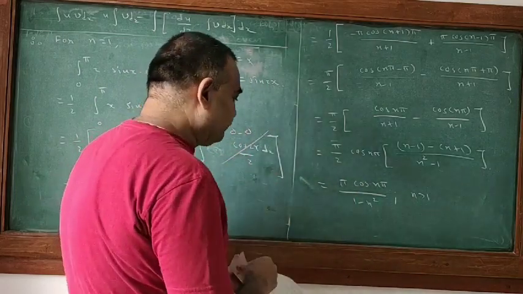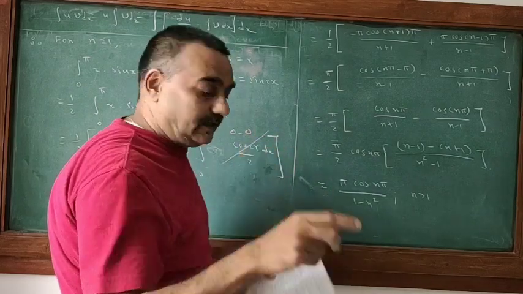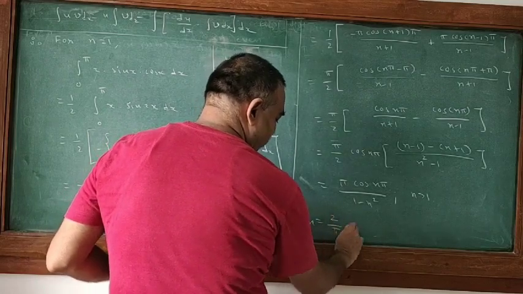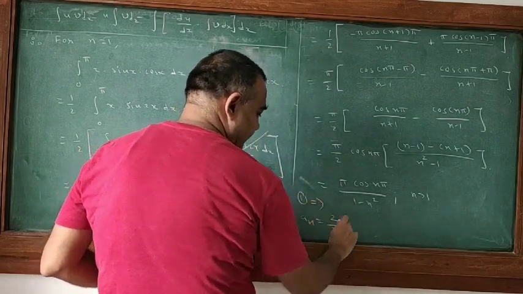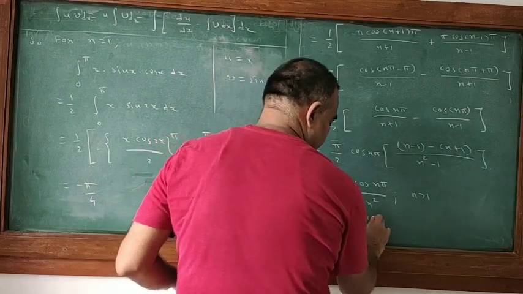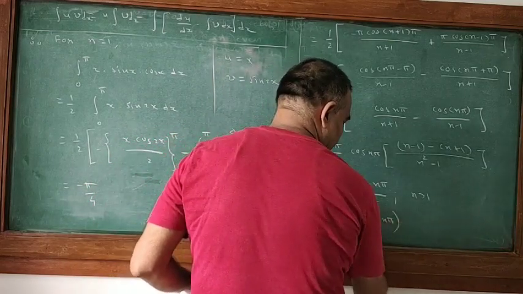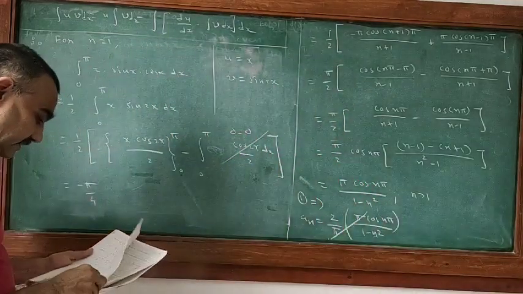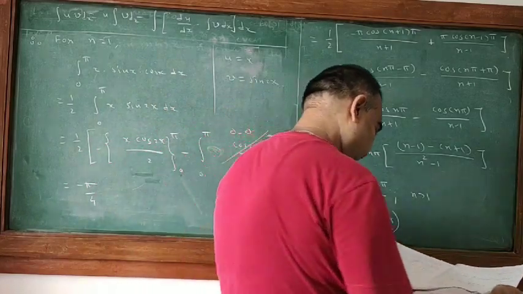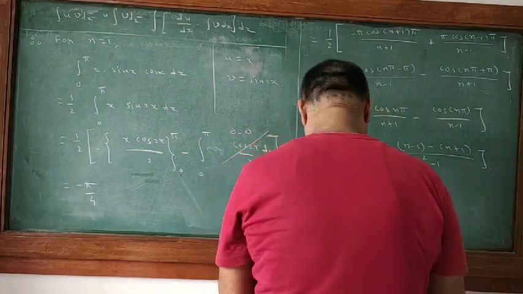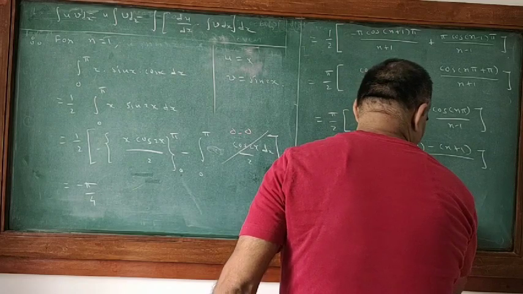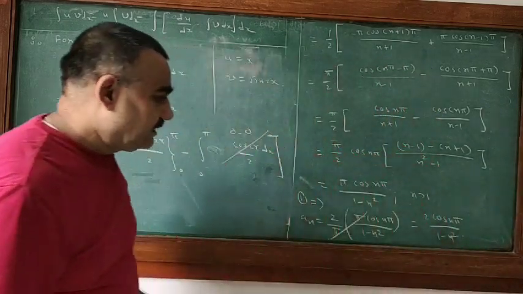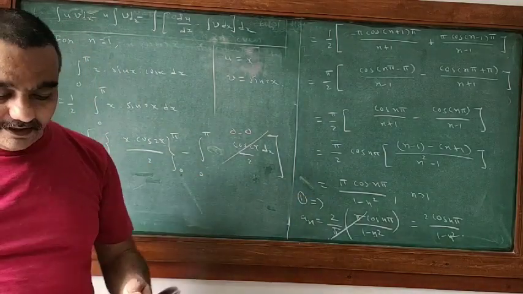But the value which we found in equation 1 is, because equation 1 implies pi cos n pi upon 1 minus n square, so pi will be cancelled, and therefore this is equal to 2 cos n pi upon 1 minus n square. This is the value which we will require in future.